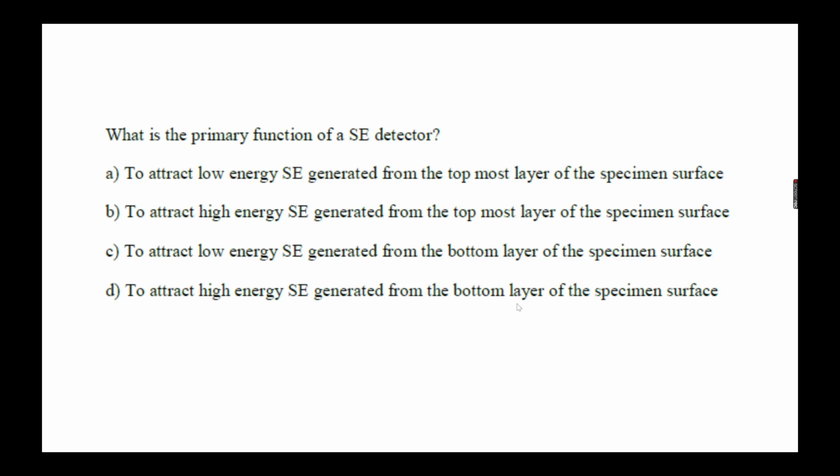If you know the characteristics of your secondary electron, what its energy level is and from which part of your surface it is generated, then you will be able to answer this question. Last week I also explained this. So can anybody guess the answer or give the logic?